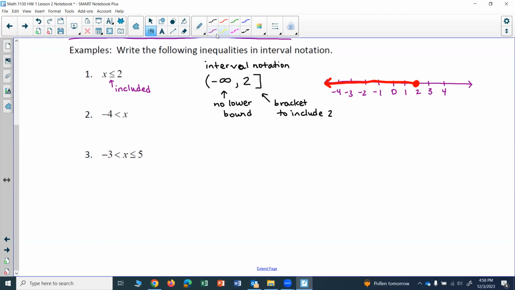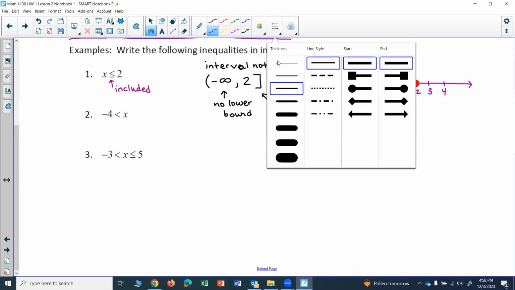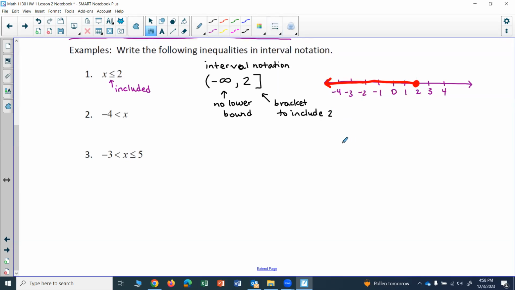All right, let's look at another one. So we have -4 is less than x. So on the number line, I'm going to go ahead and start labeling with a -6, -5, -4, -3, -2, -1, 0, 1.